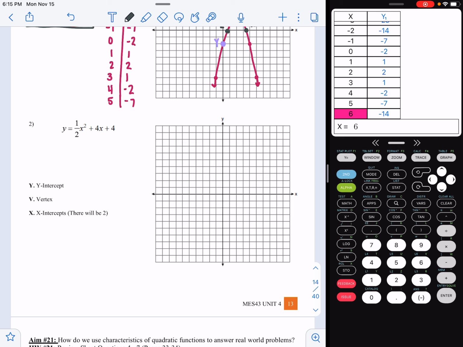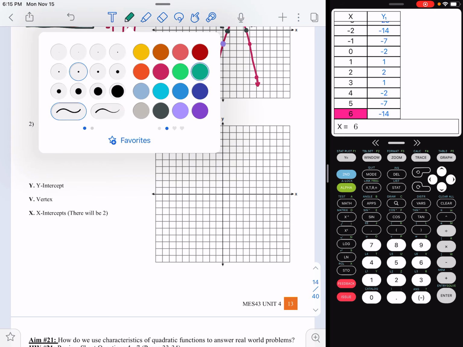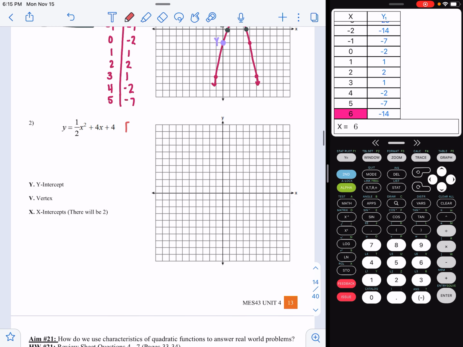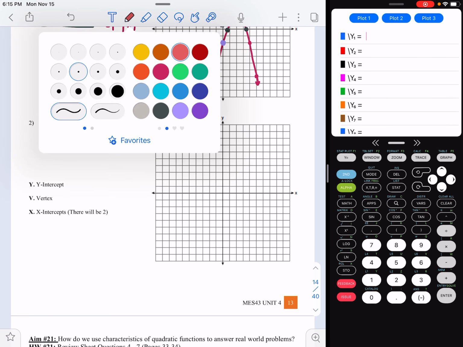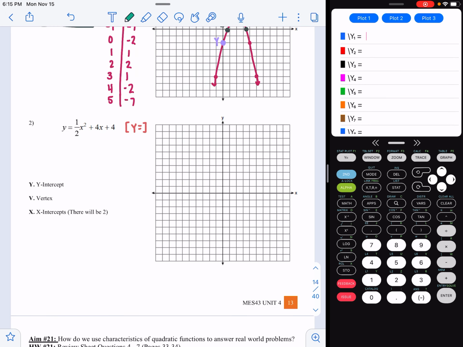going to get started. So again, the first thing we're going to do, we're going to go to our calculator and press y equals. Remember, anytime we want to graph, that's what we do. Let's clear this, and then we're going to enter our equation. To get a fraction, we're going to press alpha y equals and then enter.